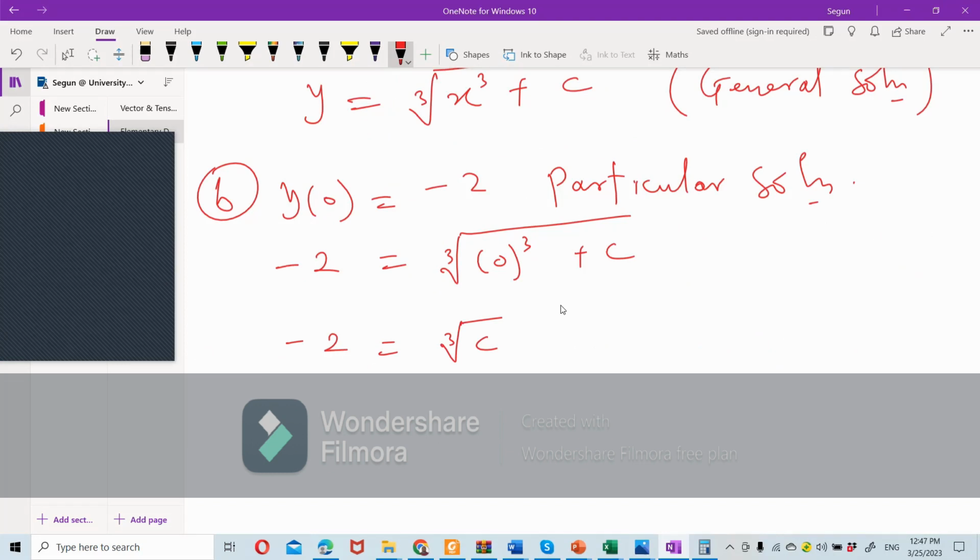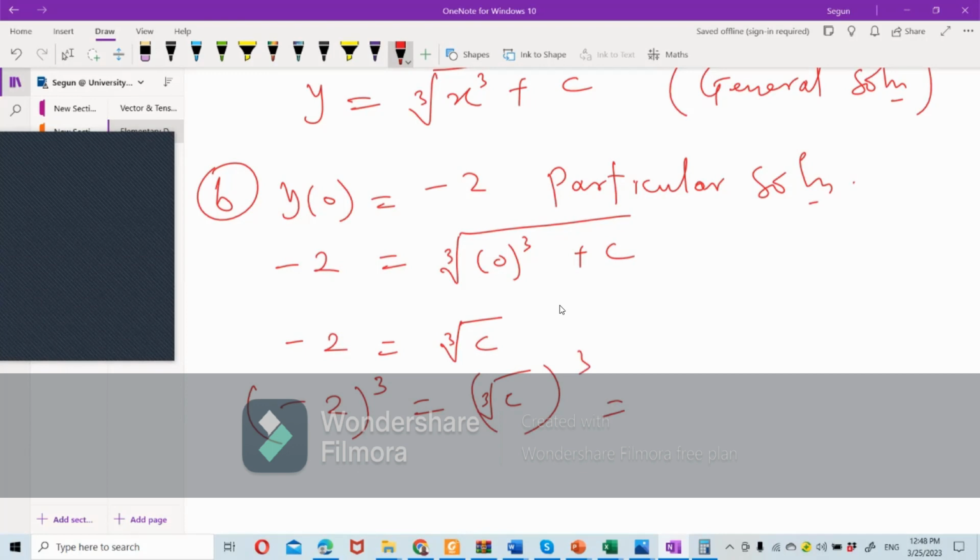So the cube root of C, we can only eliminate by what? Raising both sides by the power of 3, depending on the root of C we are looking at. This one is a cube root. If it is a fifth root, you use the power of 5. So minus 2 raised to power 3 equals the cube root of C raised to power 3.